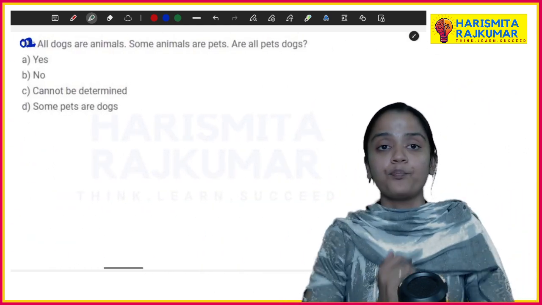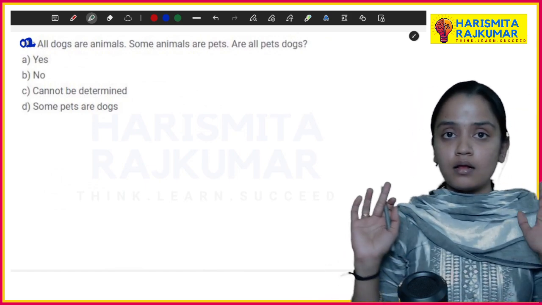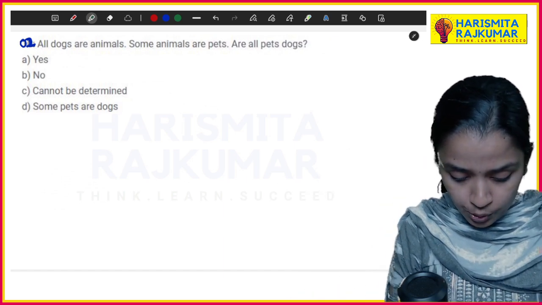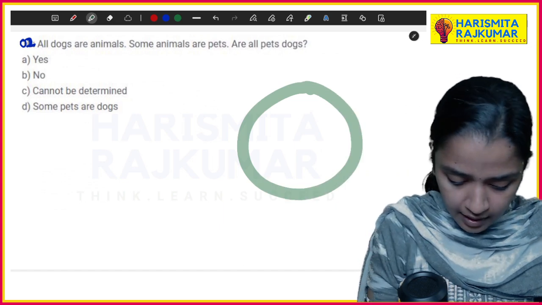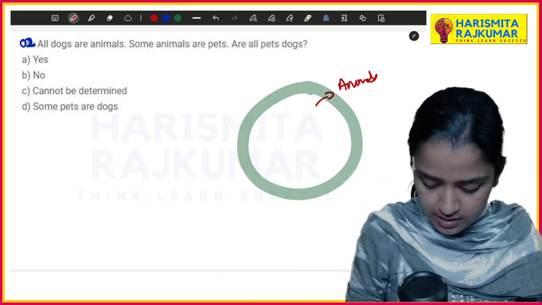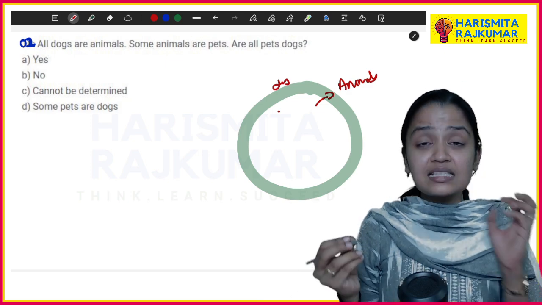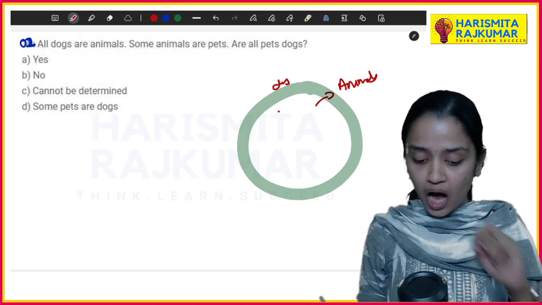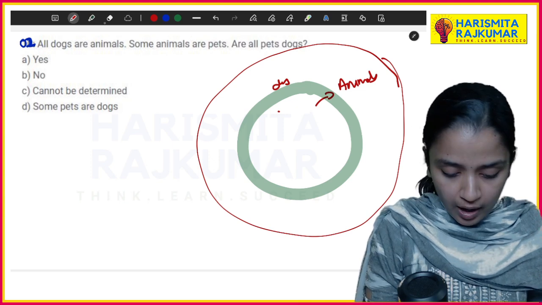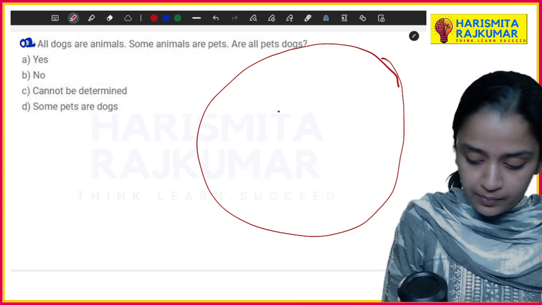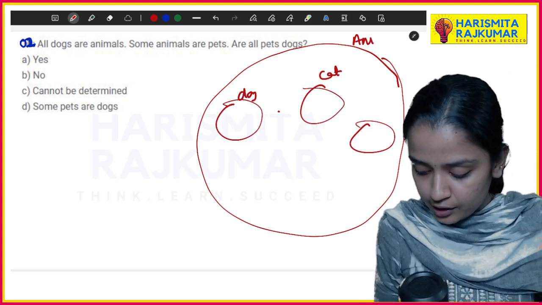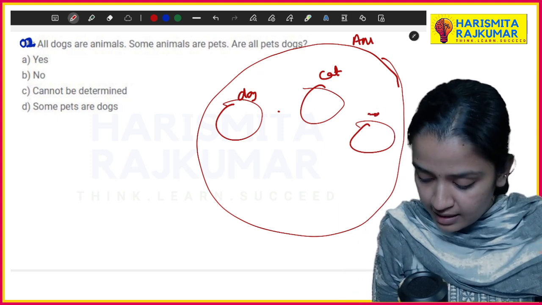Now next sum. All dogs are animals. So every dog is an animal. When you have a set here, you can say that all dogs are animals. So this is the dog set, and some animals are pets. In the whole animal set you have different sections: dog, cat, rat, lion, everything.